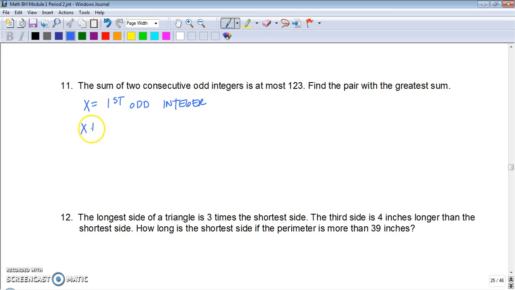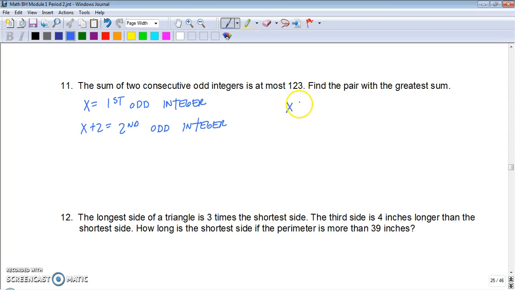The second odd integer was x plus 2. And that was because if we found out that x was 11, the next odd integer would be 13, and we see that there is an increase of 2. So that's why we do x plus 2, which is weird because it's an even number, but that's how odd numbers operate.